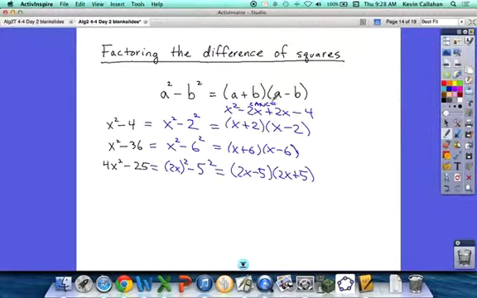That's why all that's left is x squared minus 4. Boom. If you FOILed the previous one, you would get 2x times 2x is 4x squared. You would get 5 times negative 5 is negative 25. And then 2x times positive 5 and 2x times negative 5 cancel. No middle terms.